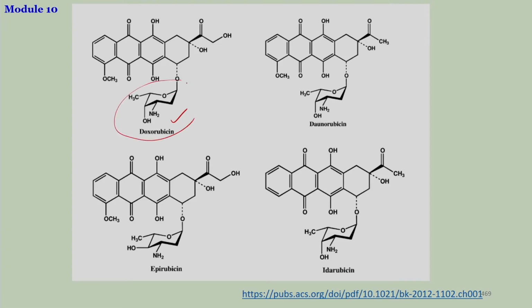It has a glycosidic bond and a carbohydrate or sugar moiety, which is a little bit modified. Doxorubicin was initially synthesized from daunorubicin, a naturally occurring molecule, or natural product. This has the amine group and is very similar to the doxorubicin structure. This is epirubicin, this is idarubicin. Many of them are available as drugs in the market and they contain carbohydrates.